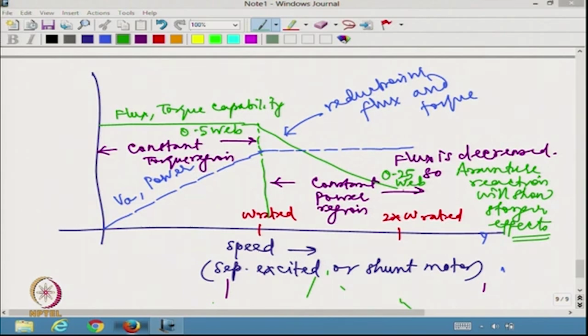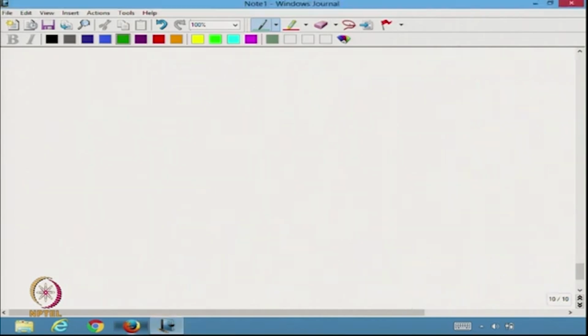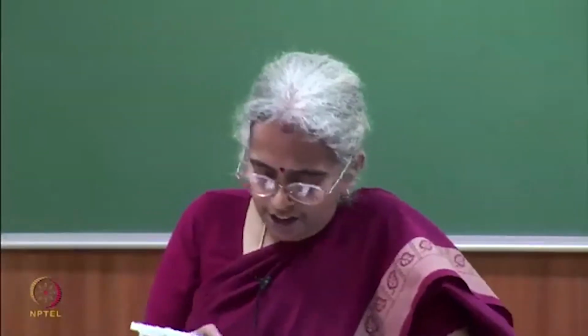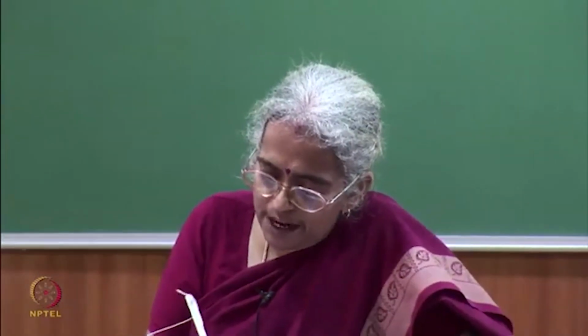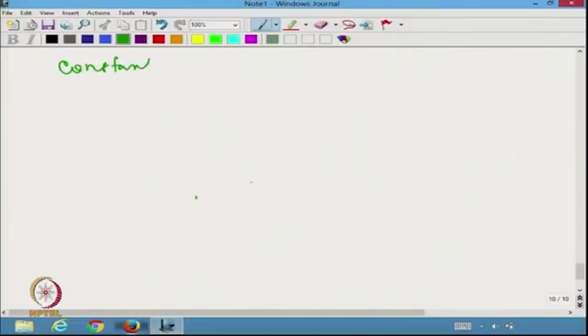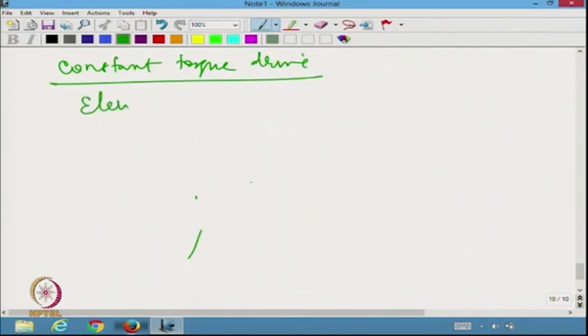So, let us try to see what we do corresponding to the constant power and constant torque zone. So, constant torque kind of drive will be employed in certain applications like elevator, where maybe so many people get in and I can't ask them to get out.